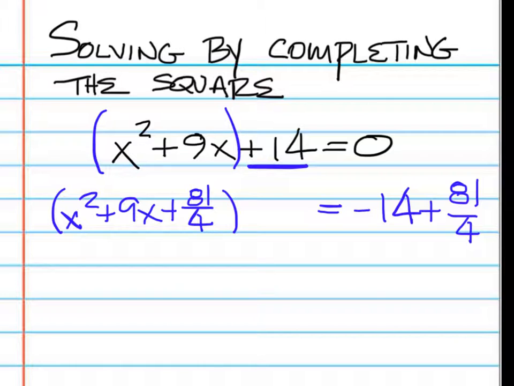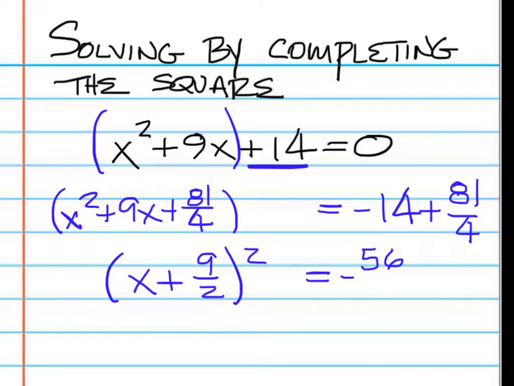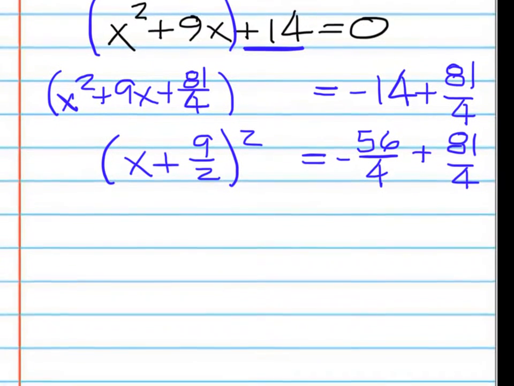And then simplify this into my completed square form on the left. X plus 9 over 2, close the quantity and square. But I have negative 14 plus 81 over 4 on the right. I need a common denominator of 4. That would be negative 56 over 4 plus 81 over 4. Or you can do it in decimals.